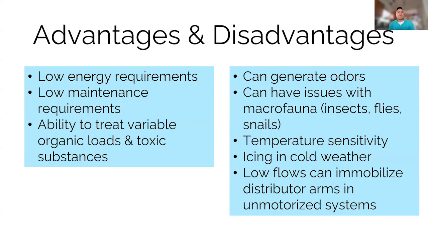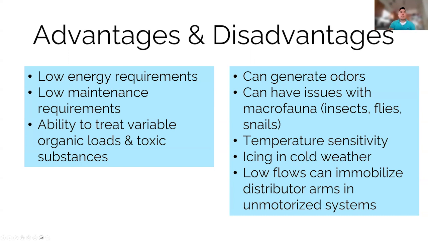Real quick, some advantages and disadvantages of our trickling filters. Advantages are they have low energy requirements, low maintenance requirements, and an ability to treat variable organic loads and toxic substances, especially when you are adjusting our recirculation rates.